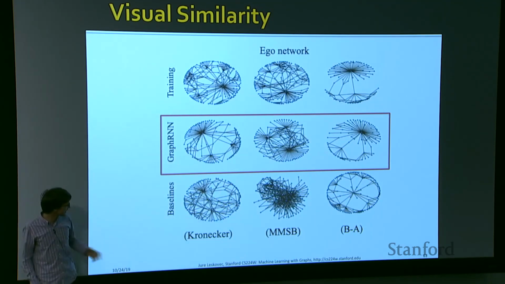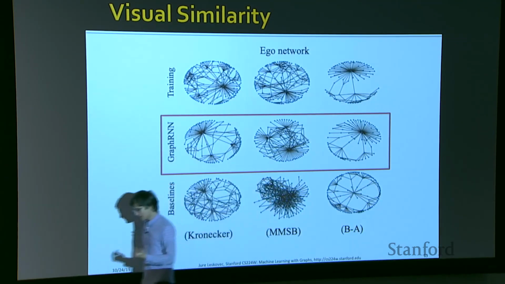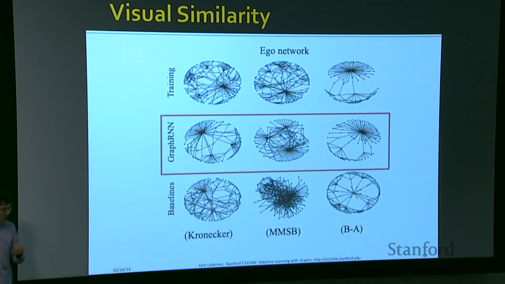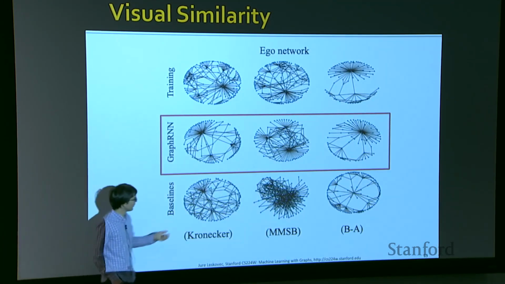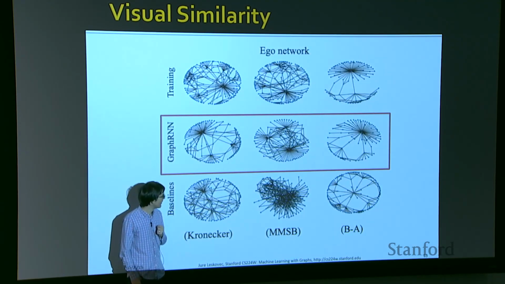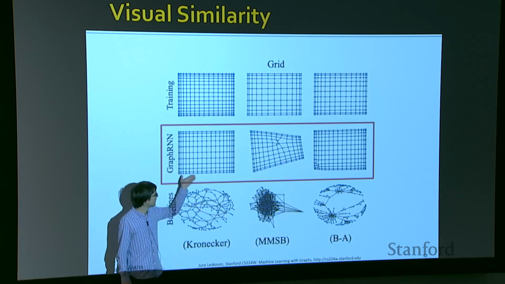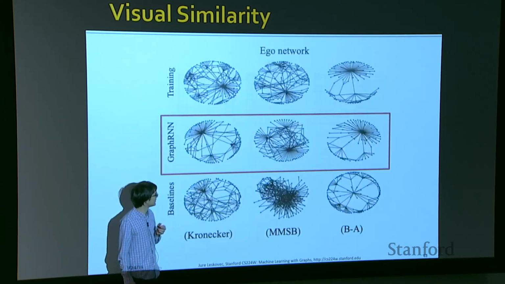The point is that all these models contain certain kinds of inductive bias, certain kinds of priors that make them useful to generate very specific networks. They are not meant to generate grids, so they cannot generate grids. Our model can learn to generate the grid.